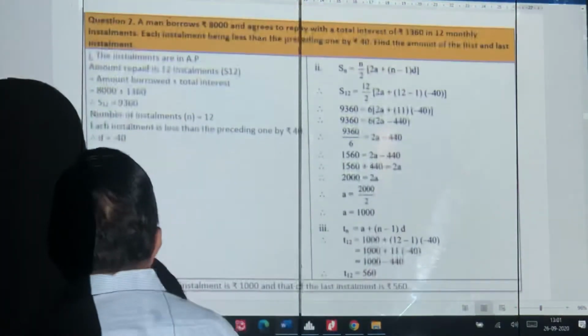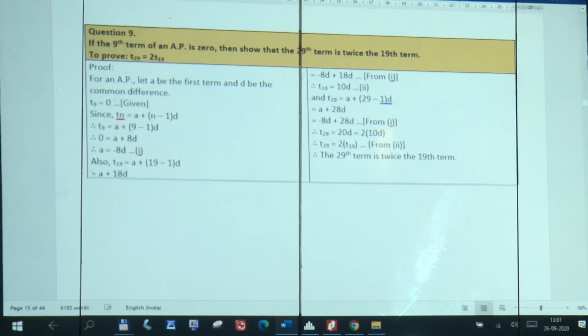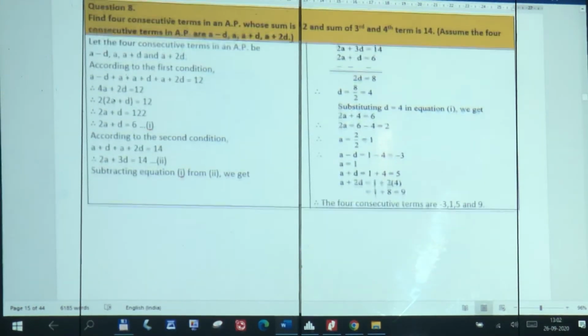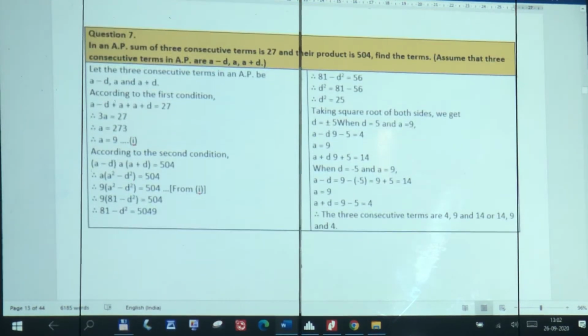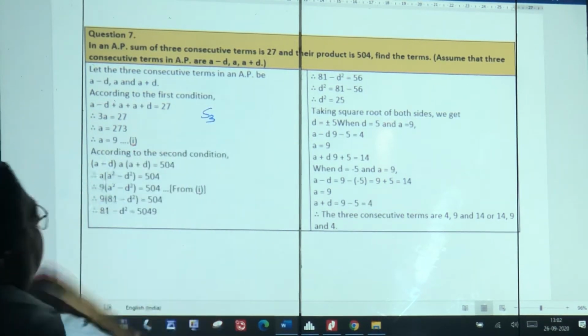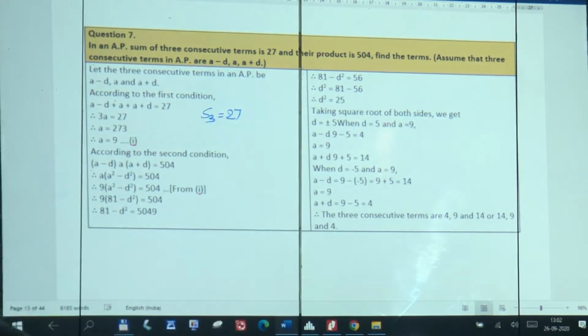Okay, let us look. Yes, 3.4. Now, the sum of 3 consecutive terms is 27 and their product is 504.